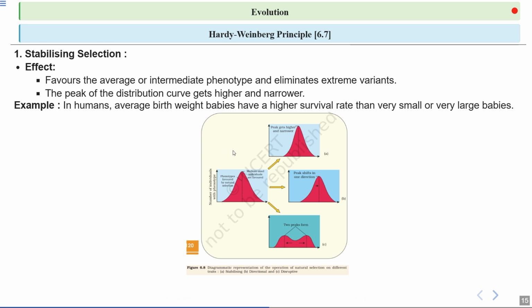Then you can see in image A, the peaks are getting higher and narrower. This is in the case of stabilizing selection because intermediate phenotype is being selected. Here stabilizing selection is acting on the original population.